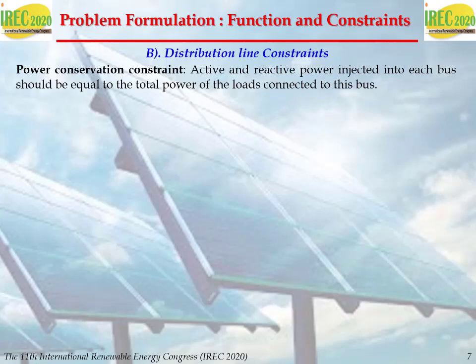That means the active and reactive power injected to each bus should be equal to the total power of the load connected to this bus, as follows in the equations.